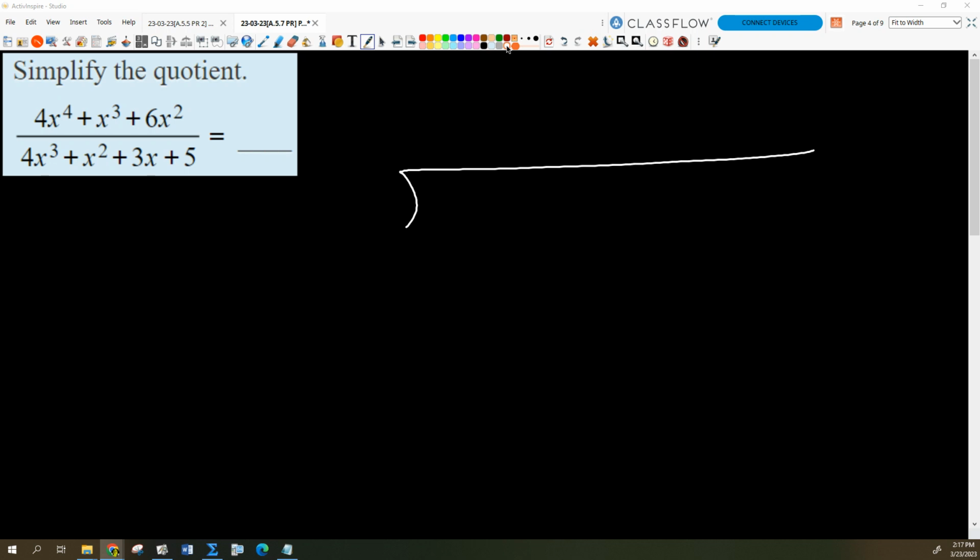What goes inside? 4x to the fourth plus x cubed plus 6x squared. Am I done? Okay, good. Plus 0x plus 0.